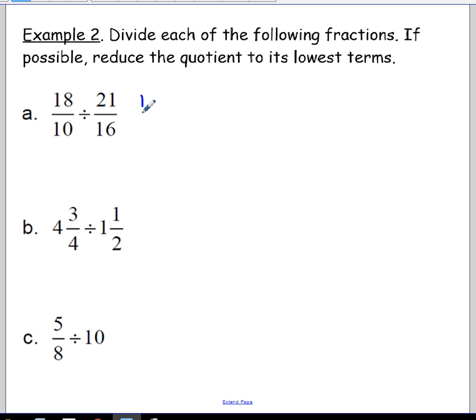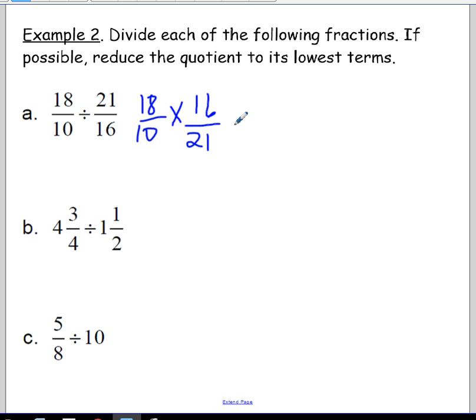So we will rename the problem to 18 over 10 times 16 over 21. For this problem, I see that we can simplify a little bit with some even numbers in here.